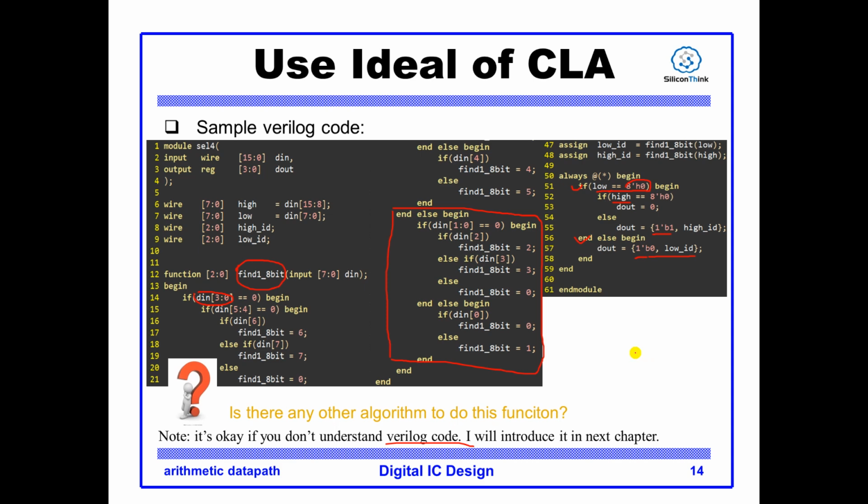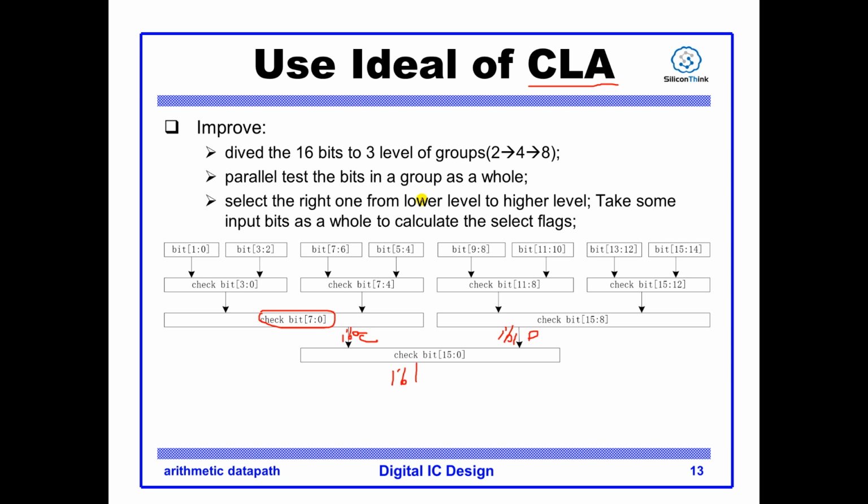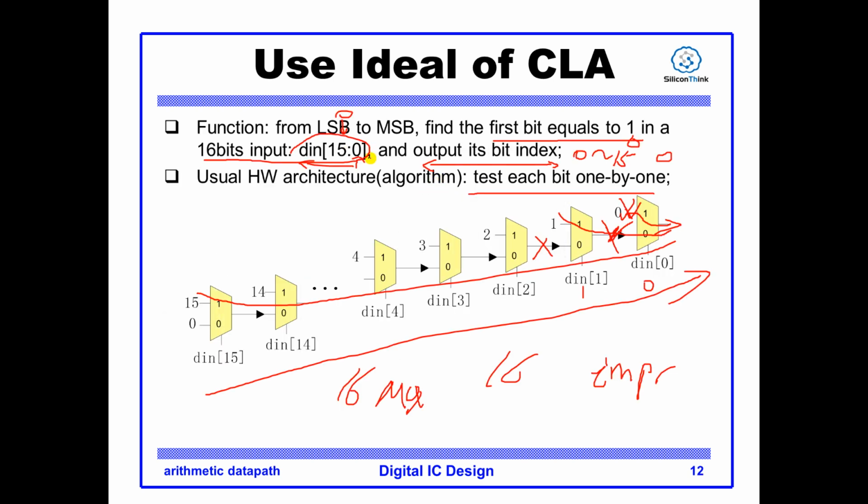Okay. For the same function, do you have any other good algorithm, a better algorithm to deal with it? For example, if you need to find the first bit 1 for an input of 32 bits or 64 or 128 bits, do you have any?